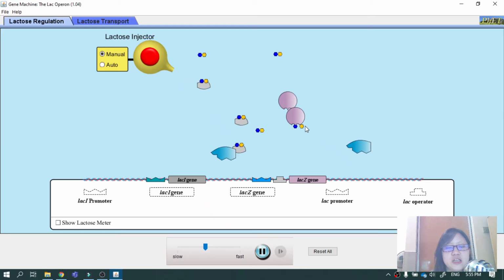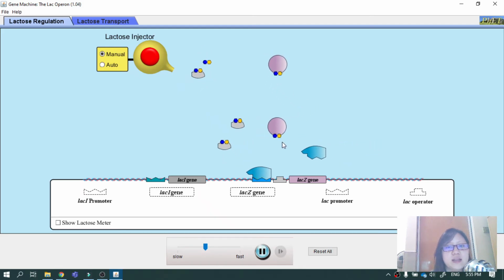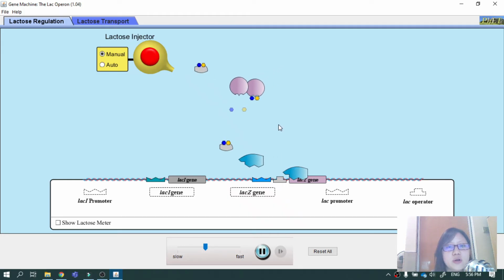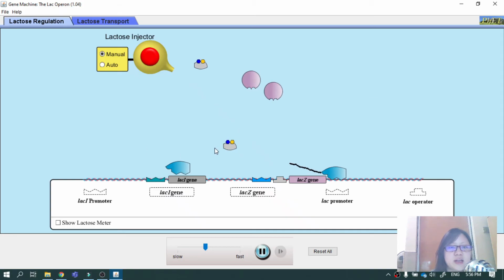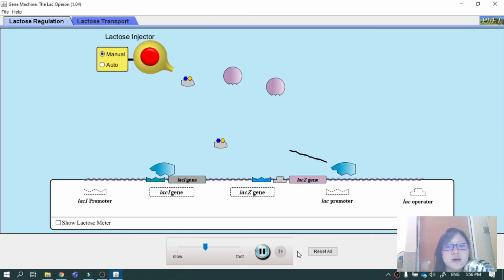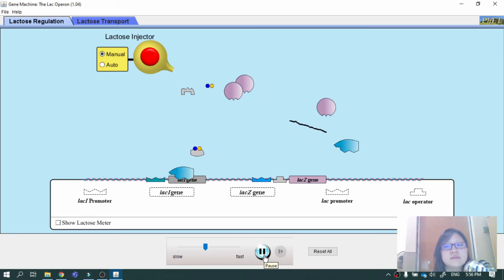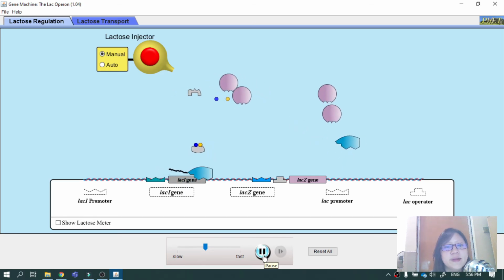And lac Z, which codes for beta-galactosidase, can then break down lactose into galactose and glucose. And glucose and galactose can then be used further for respiration and to produce energy in the cell. So I hope that is a good visual representation for you.